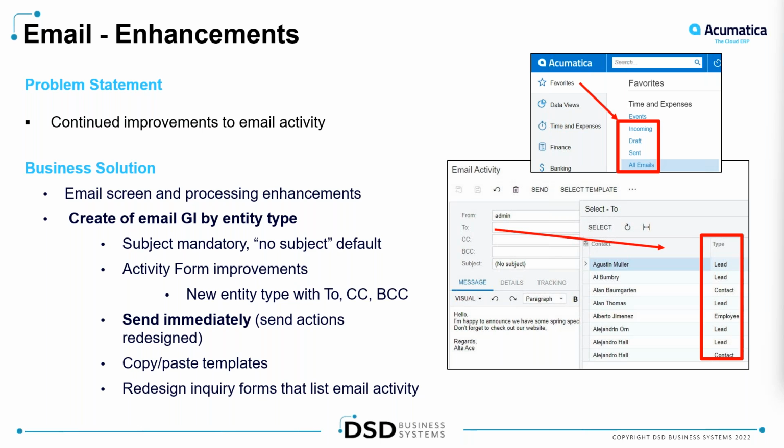Maybe I want to see that they were a lead, or a contact against a business account, or I want to see an employee within the list that has a similar or common name with some of my clients. This is a really great feature. This will work across the CC and the BCC, of course, which really does help.